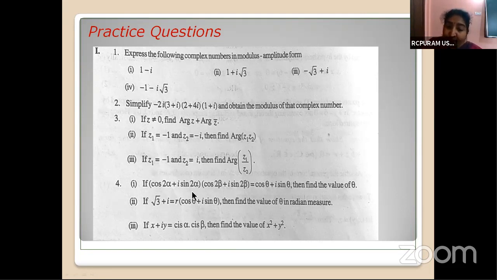If you just multiply this and equate real part with real and imaginary with imaginary, you will be in a position to solve this. And see, cis theta is nothing but cos theta plus i sin theta. This is the short form of representing cos theta plus i sin theta. Don't get confused. Cis alpha is nothing but cos alpha plus i sin alpha. You can take a screenshot of this.